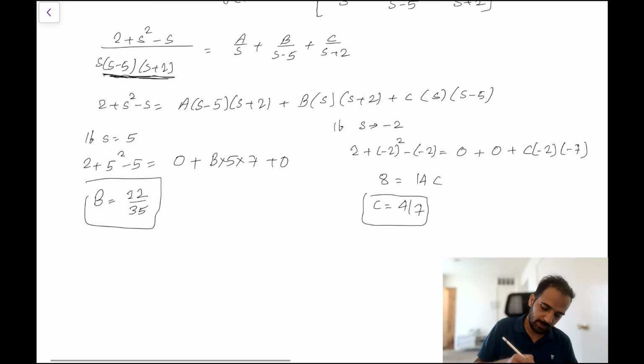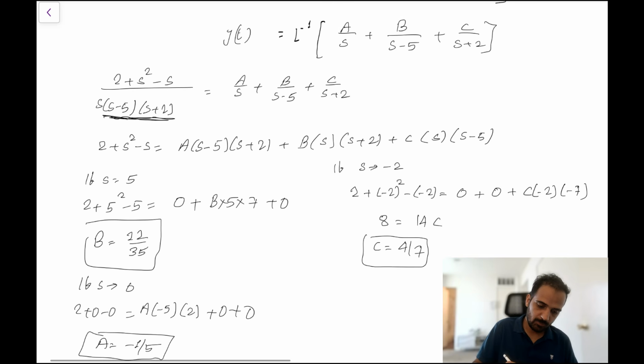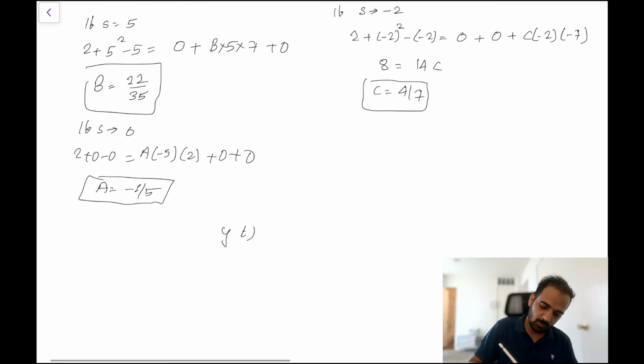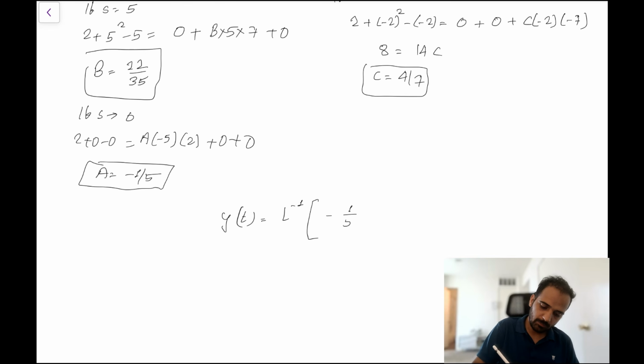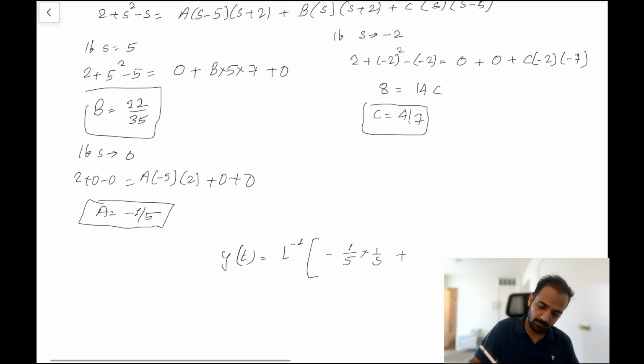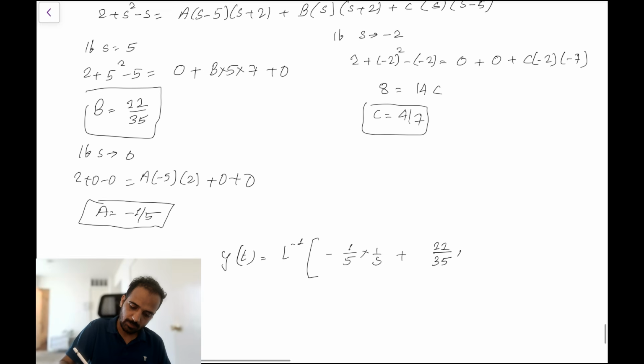Now to get the value of A, I can suppose s equals 0. Then 2 plus 0 minus 0 equals A times (minus 5)(2), and the others will be 0. That means A will be negative 1 over 5. So these are my A, B, C values. So my y(t) will now be the Laplace inverse of: A is negative 1 by 5 into 1 by s, plus B over s minus 5, with B being 22 over 35, plus C over s plus 2.